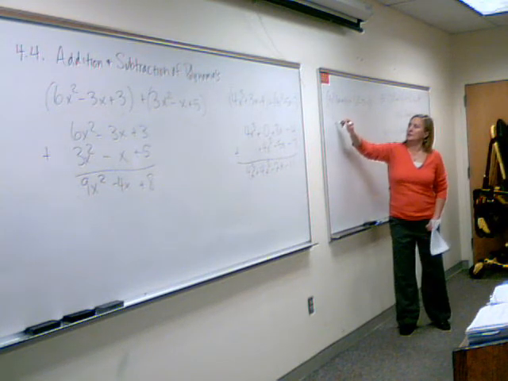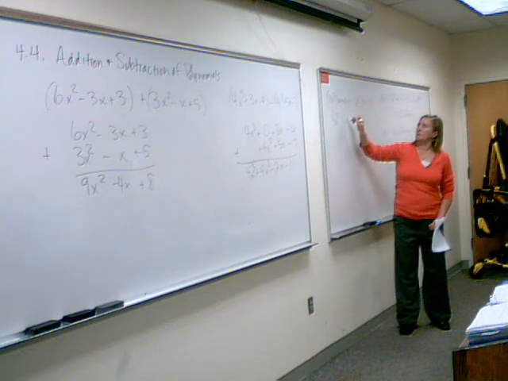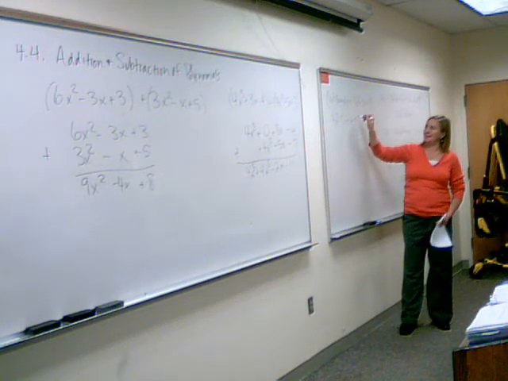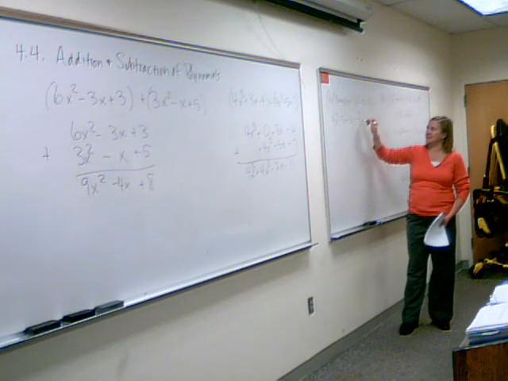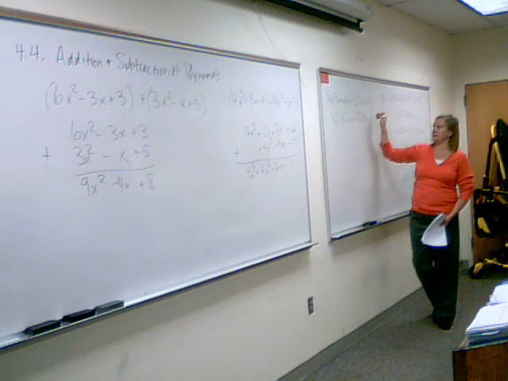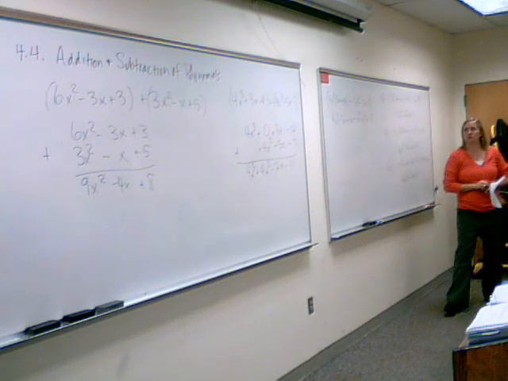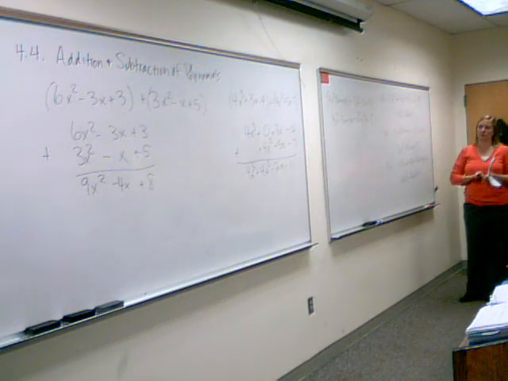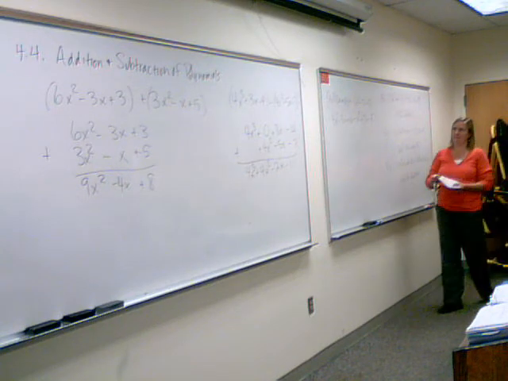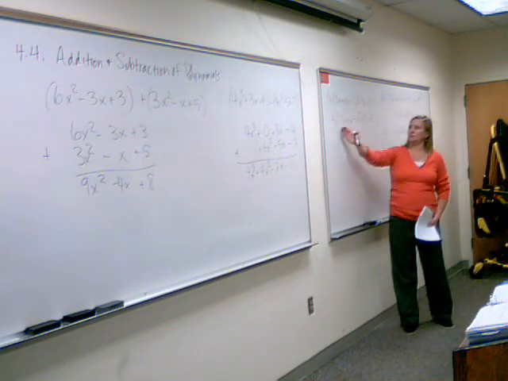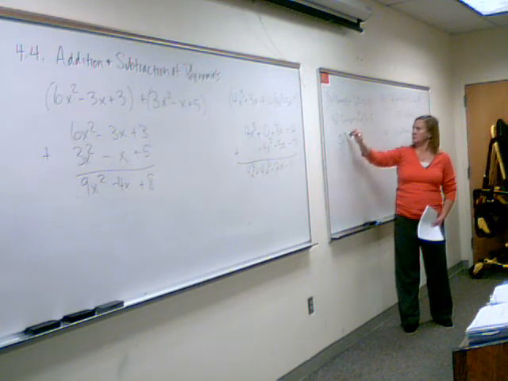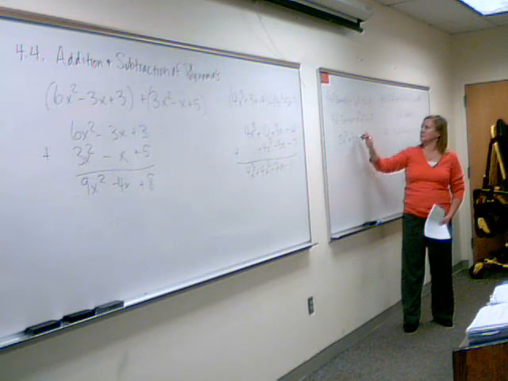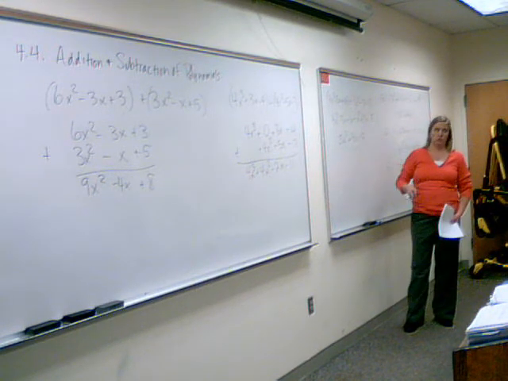Instead of erasing it underneath, I'm going to rewrite it as negative x squared plus 7x minus 8. So I distributed the negative through all the terms before I start combining. Now I can group like terms, and I get 3x squared plus 4x minus 2.